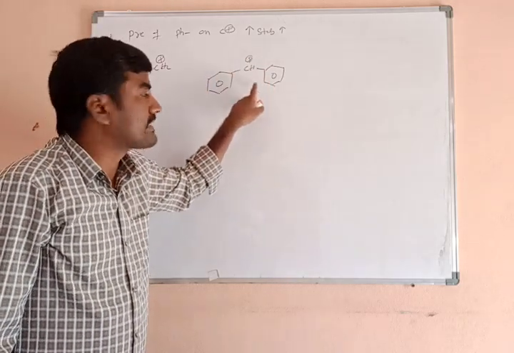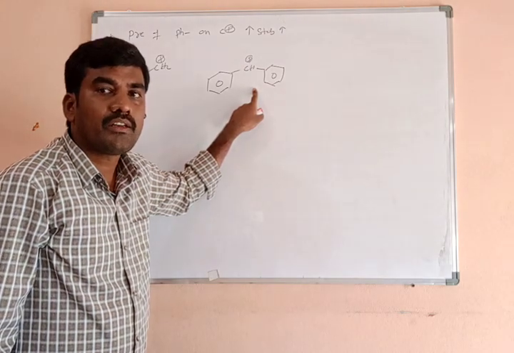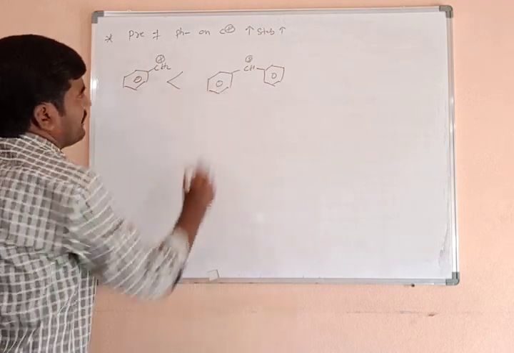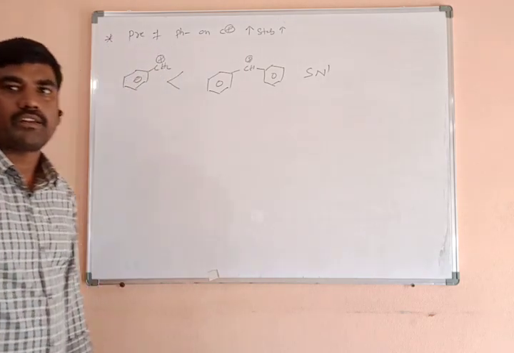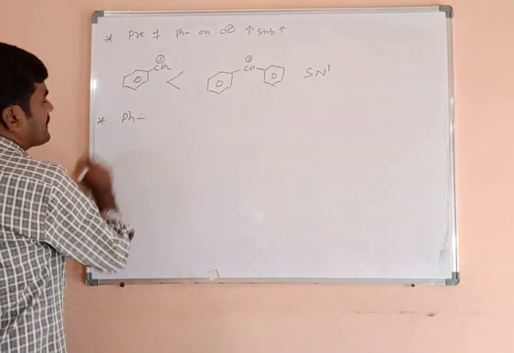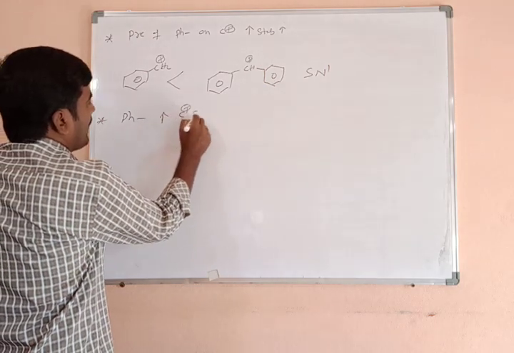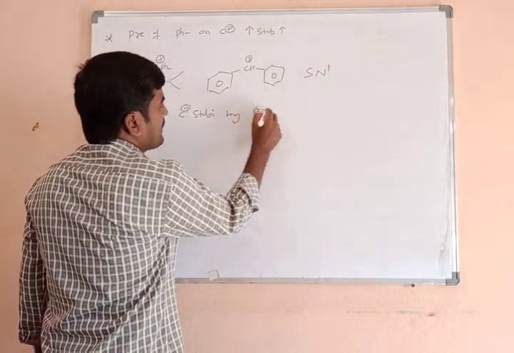So stability increases, and this compound is more favorable to the SN1 mechanism. So this is lesser than this in SN1 reaction order, following the stability of carbocation. The presence of phenyl groups increases the stability of carbocation by resonating structures.